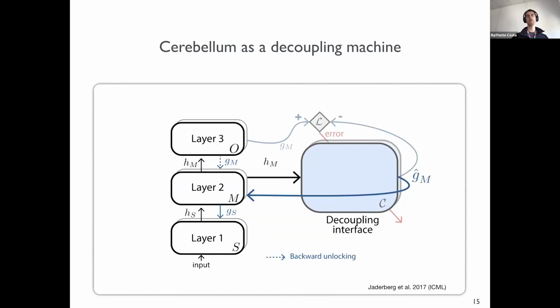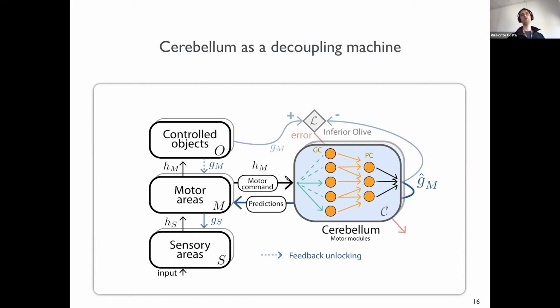And what we are proposing here is that the cerebellum would function as something like these decoupling interfaces that we talked about, that are unlocking the processing of information in these deep networks. So we introduced this view of the cerebellum as a decoupling interface, which, for example in the case of the motor domain, receives motor commands and then sends back predictions from those motor commands.